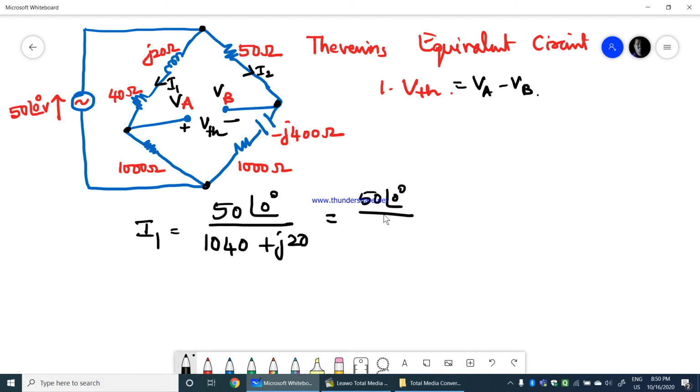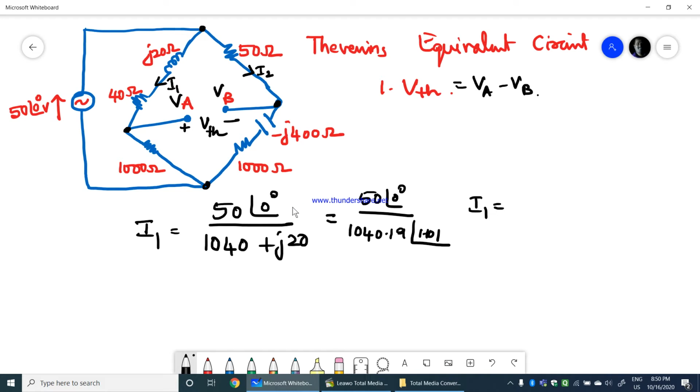You get 1040.19 at an angle 1.101. So I1 would be equal to 50 divided by 1040.19.